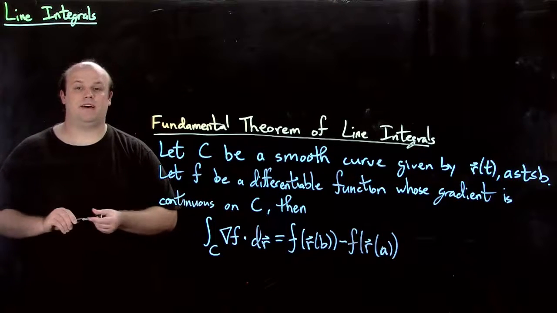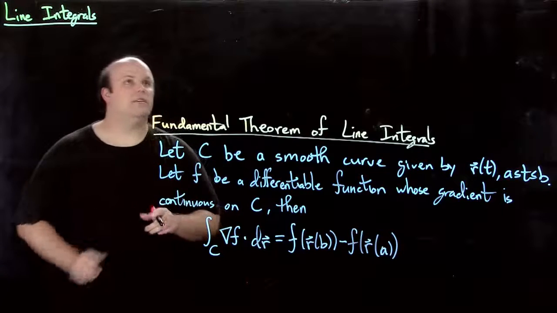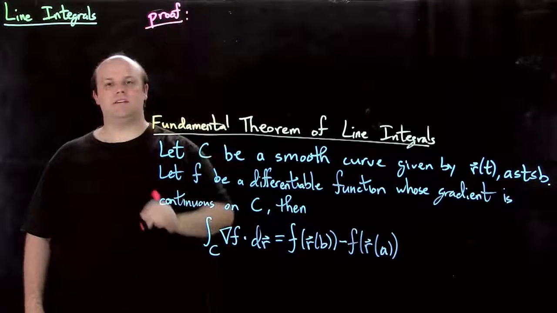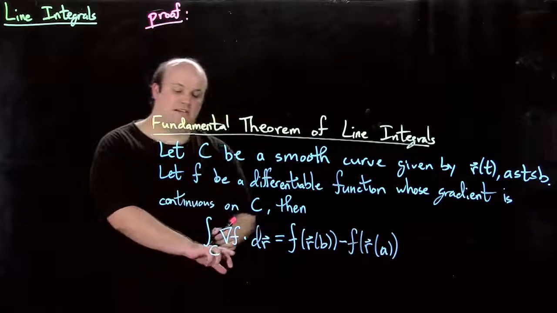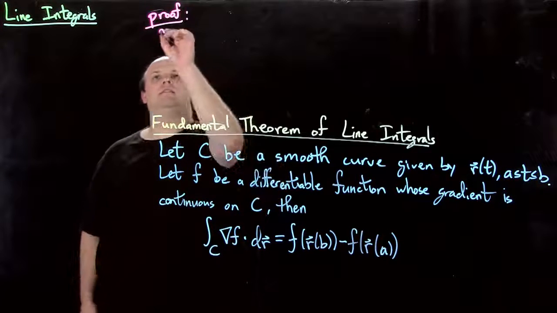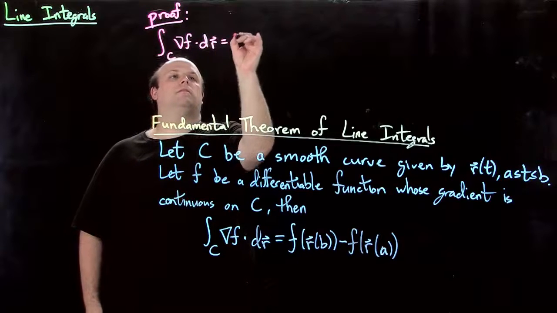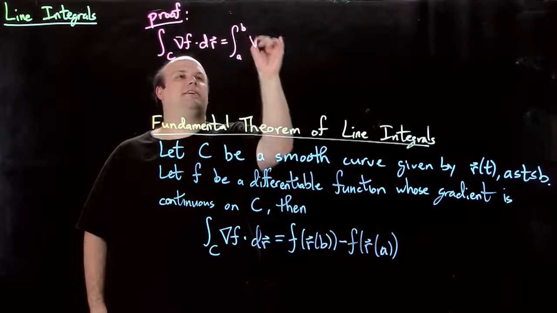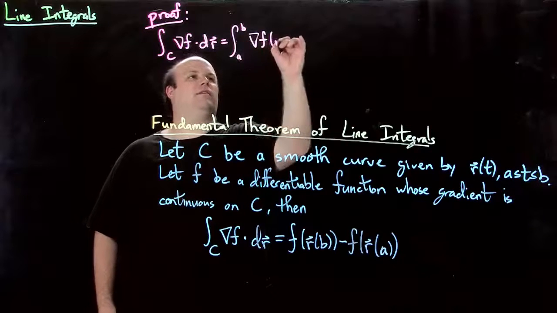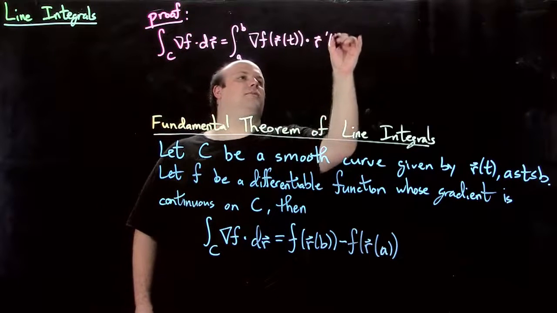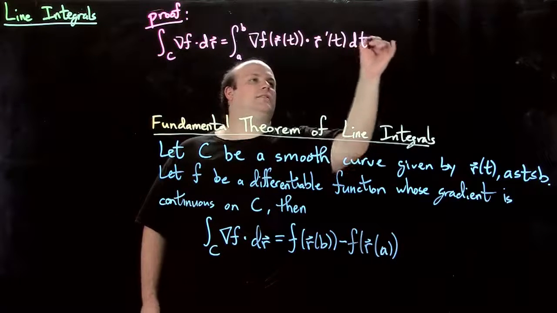It's really not so bad. Right? So the proof of this, we have to actually integrate this guy. So remember how to do that. This is just the integral from a to b of gradient f of r of t dot product with r prime of t dt.